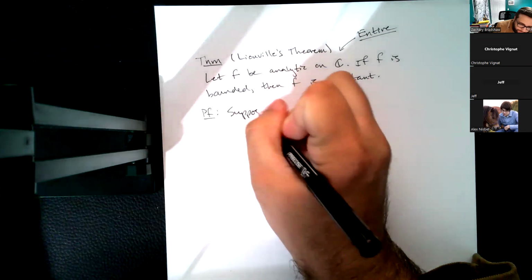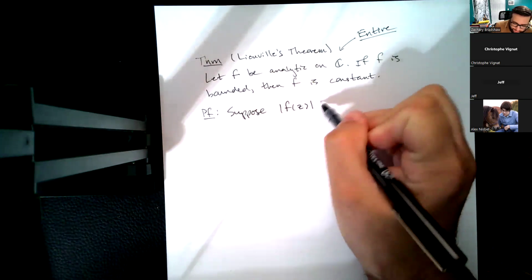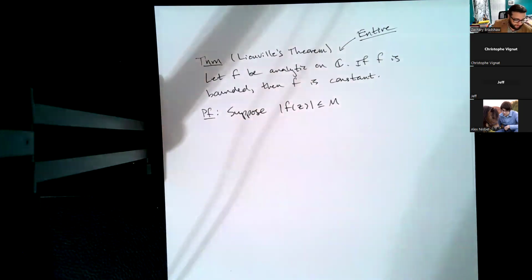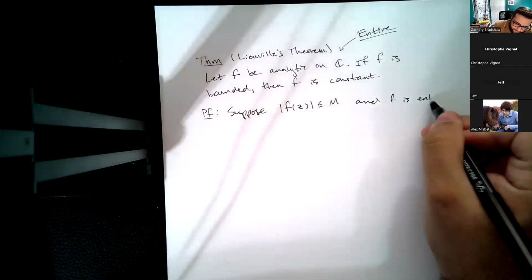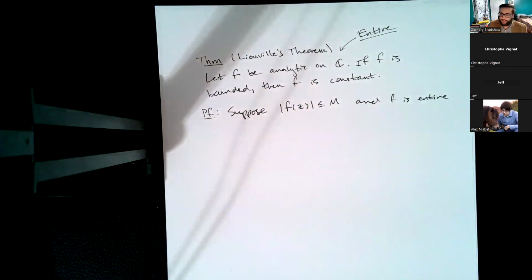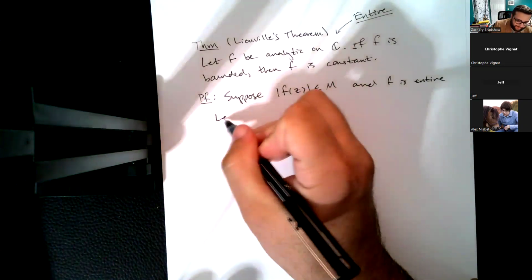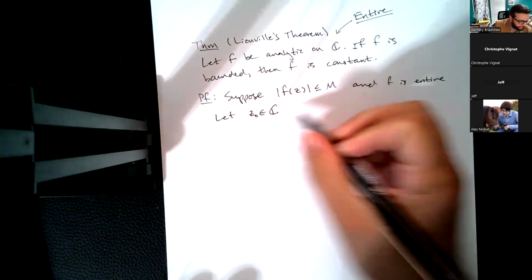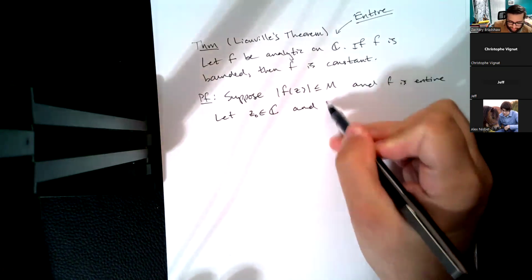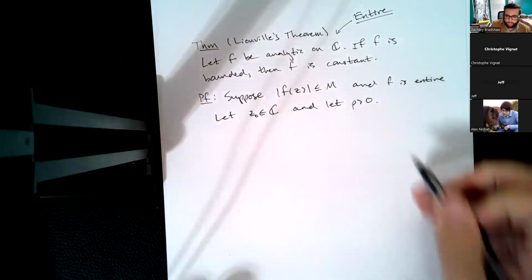Okay, so suppose f is bounded, say by M, and we're assuming that f is entire, meaning it's analytic on the entire complex plane. So let's fix some arbitrary point z0 in the complex plane and let rho be greater than 0.